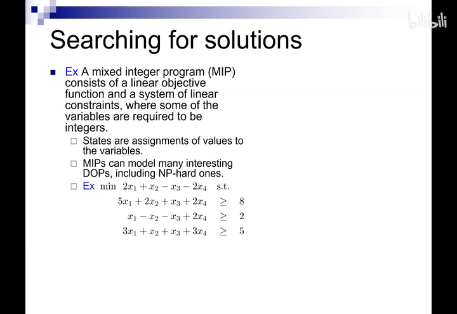So this is a very general framework for solving problems, and this is why it's important. If we can somehow come up with fast methods, maybe not necessarily polynomial time, but some sort of fast heuristic for solving these MIPs, then we can apply them to many other problems and solve those quickly.